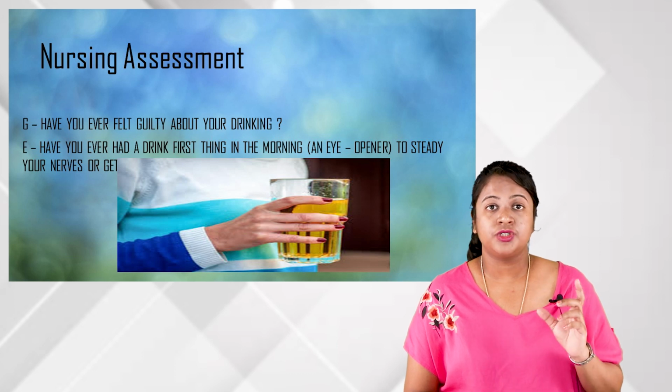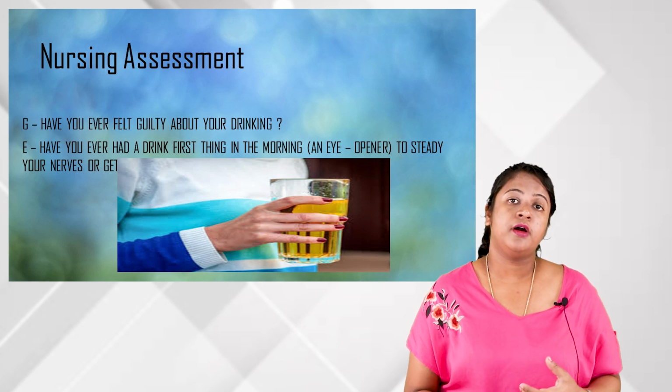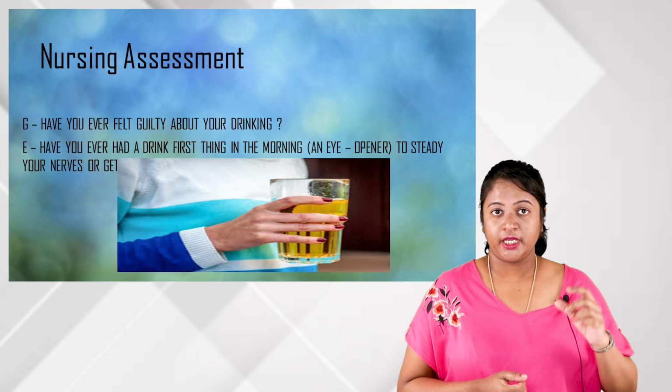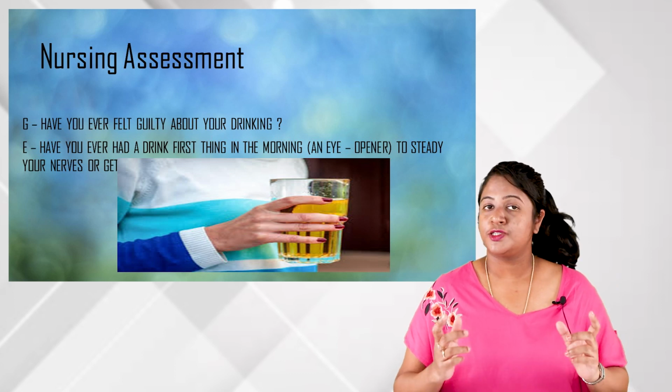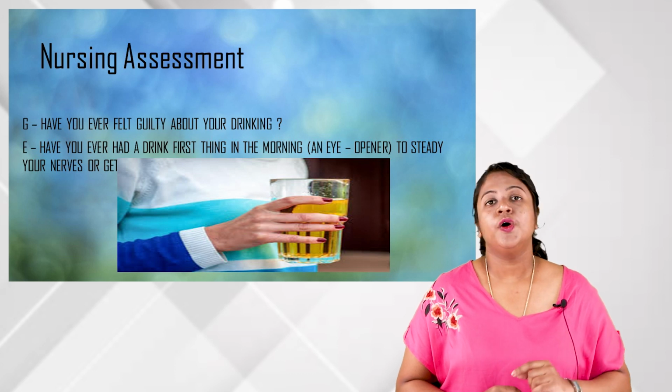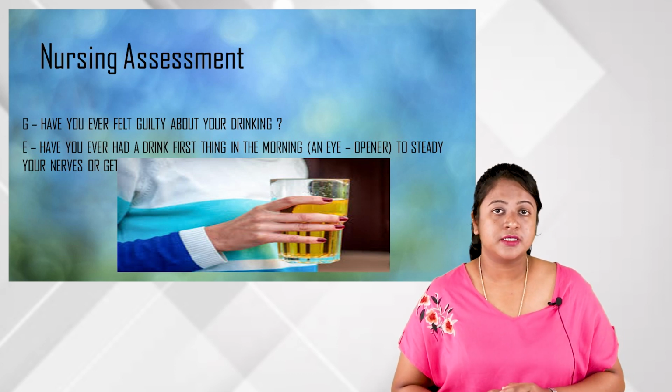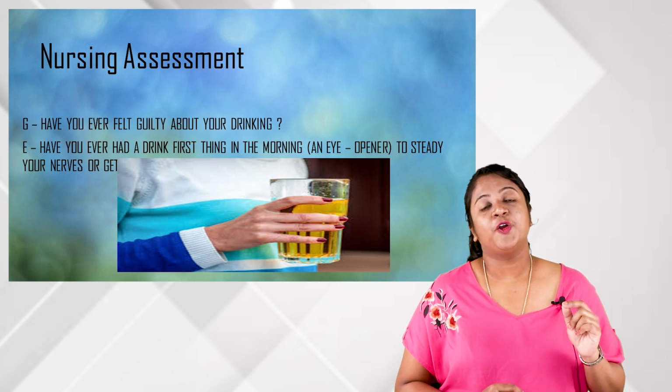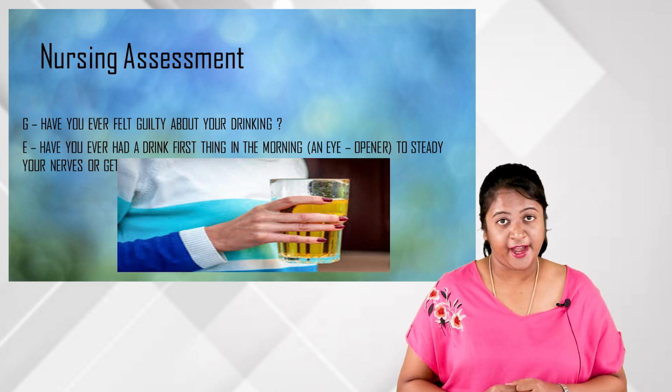There are clients who, just to get over the hangover, first thing as soon as they open their eyes and wake up in the morning, take a drink. So the client having this kind of habit, a drink as an eye opener.